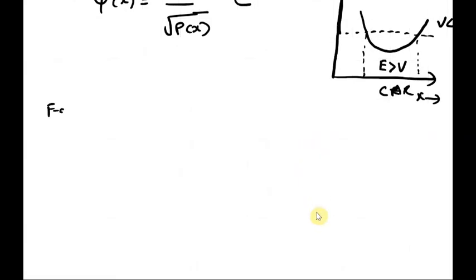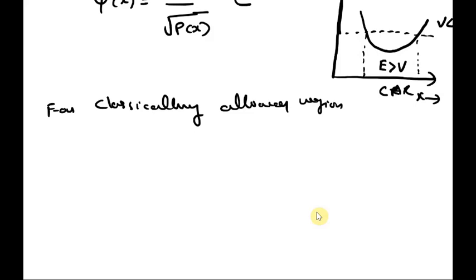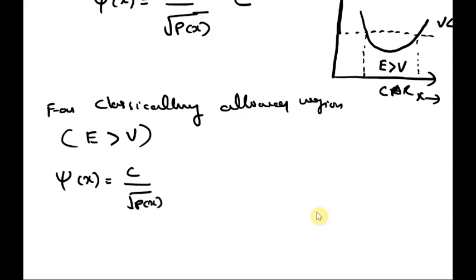So for the classically allowed region, or when E is greater than V, our solution of psi of x is going to be of the form c over root p of x, and your amplitude is going to be exponential raised to i by h cross integral p of x dx.